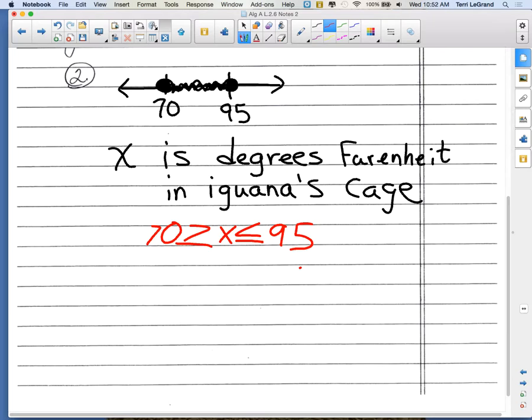So, when we read this back, remember how when we want to turn these around, like in simple inequalities, we can rewrite it like this. This says X is less than or equal to 70, doesn't it? So we want to change that around. Easy mistake to make.